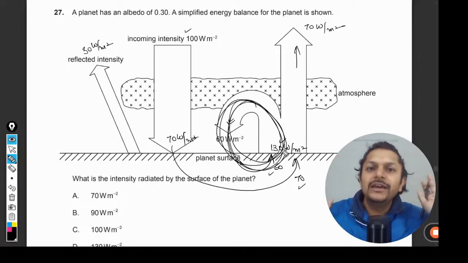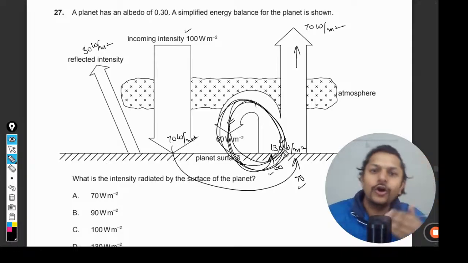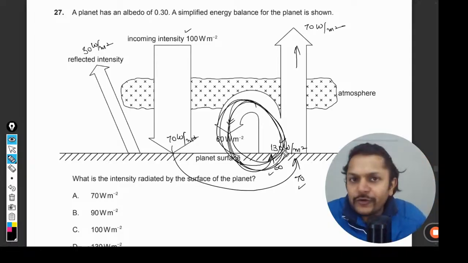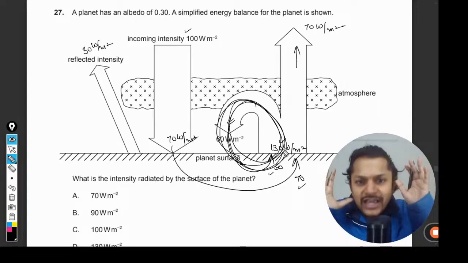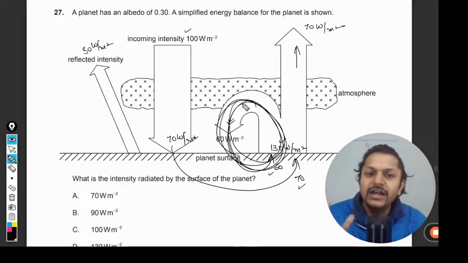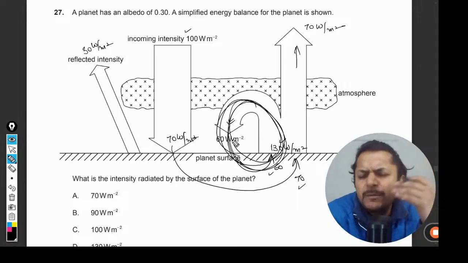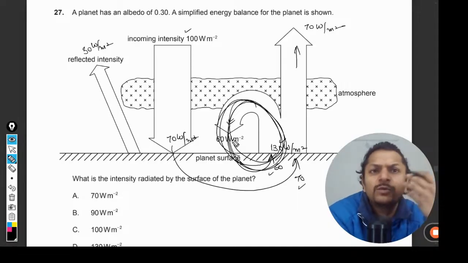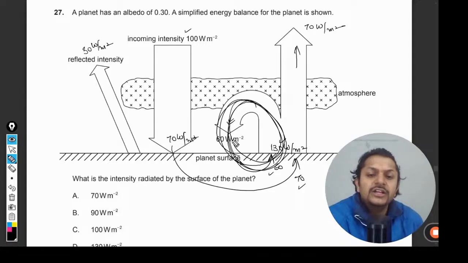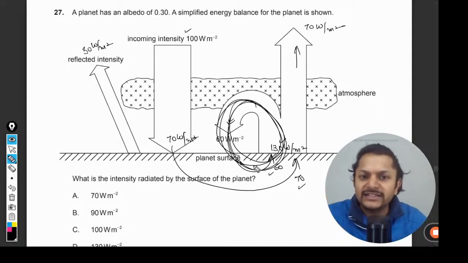So it is neither going out nor coming from outside. Earth's surface temperature is comparatively much more than what it is for Venus or the other planets. So there is a possibility that this energy is now trapped because of various reasons.